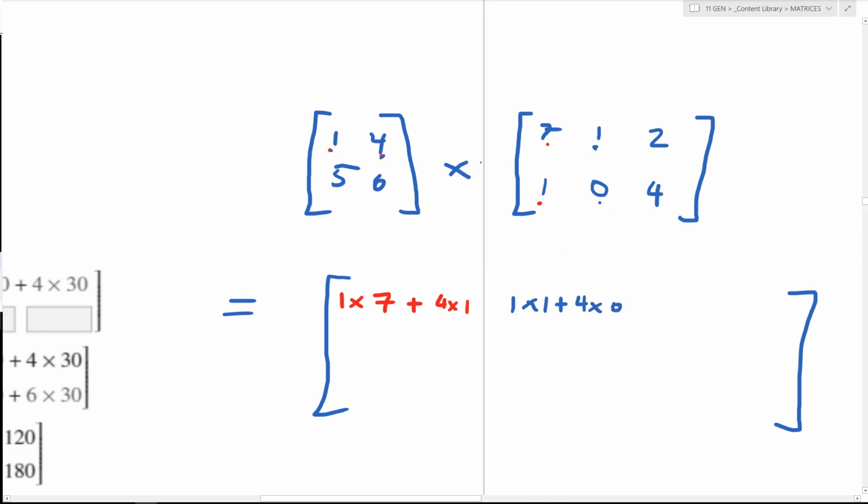It's always row by column, row by column. The next one is 1 by 2, using another color, so 1 times 2 plus 4 times 4.